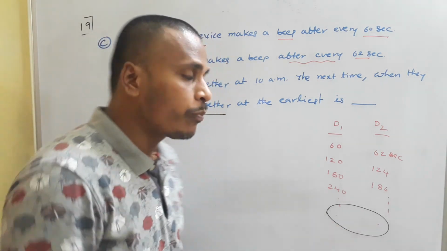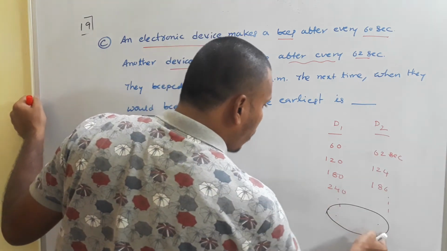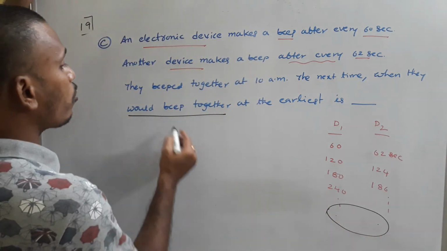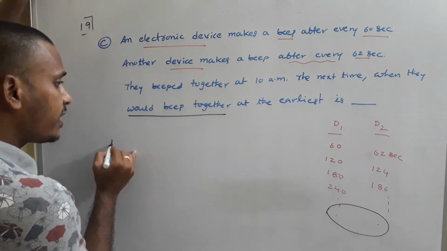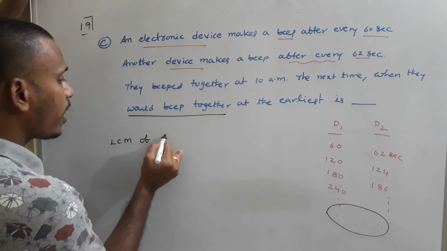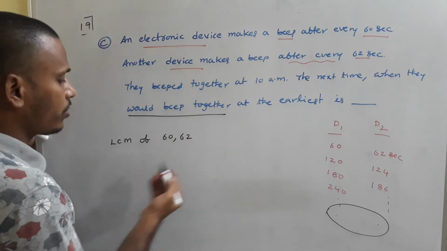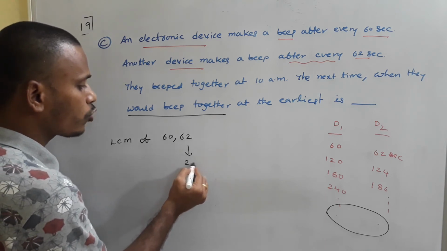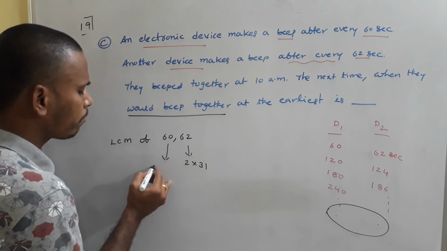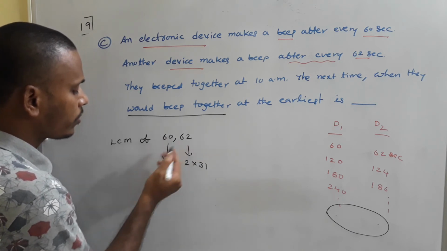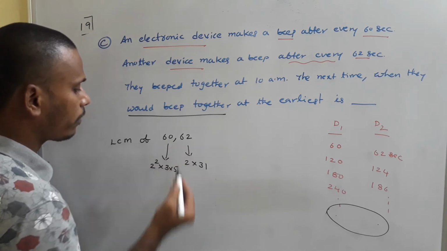To find that time, we need to think about the multiples of 60, the multiples of 62, and the common multiple of these two. First of all, find the LCM of 60 comma 62. 62 is 2 into 31, and 60 is 12 fives, and 12 is 2 square into 3 into 5.